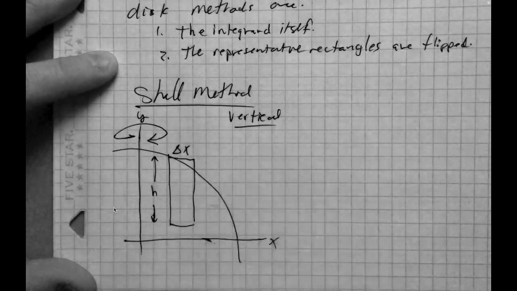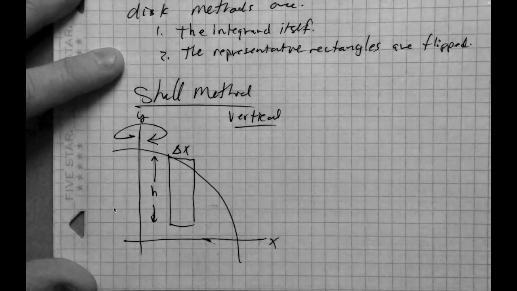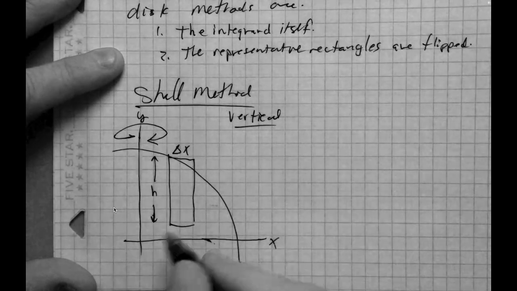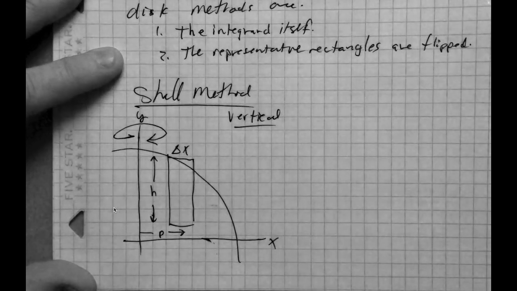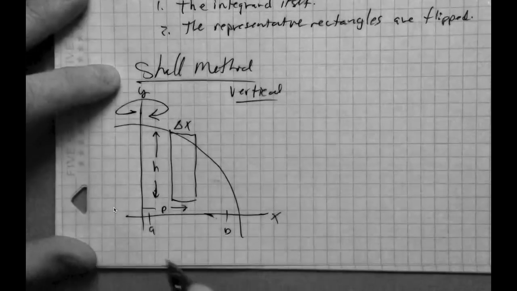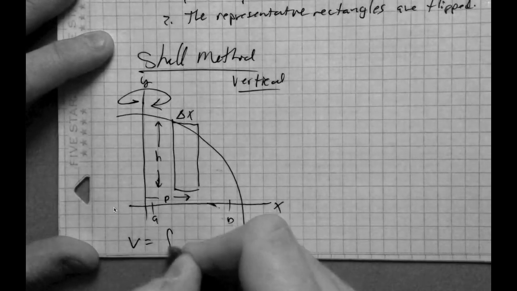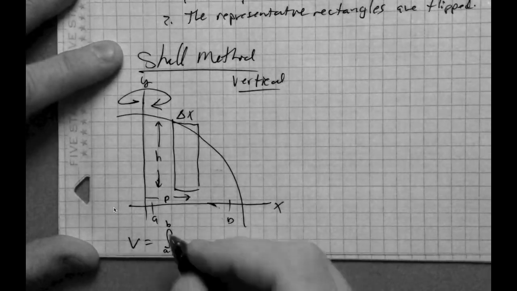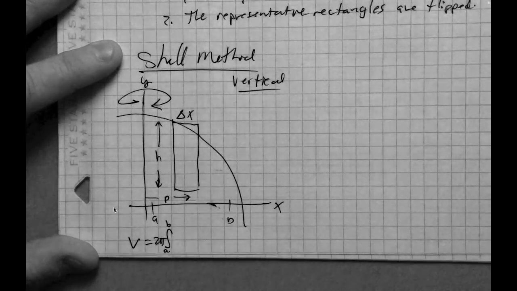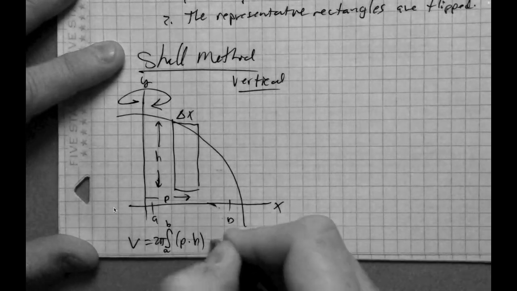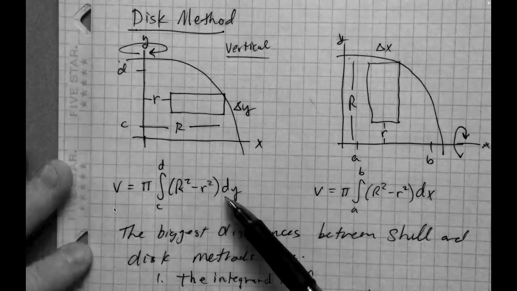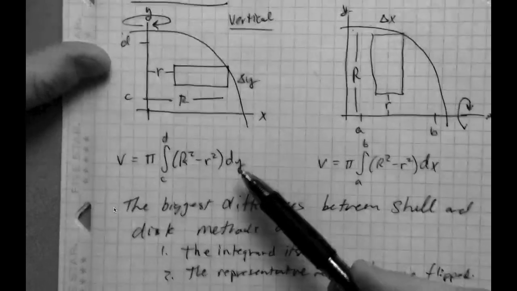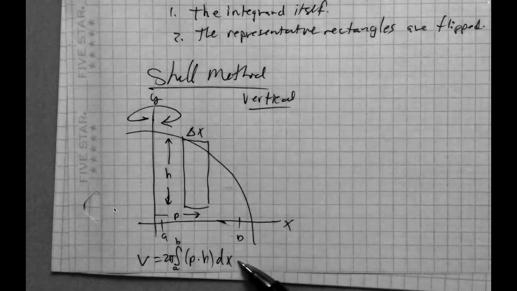That's a function of x. And we're going to have a p, which is also a function of x. Okay, so the volume here was equal to the integral from a to b. Don't forget the 2 pi. And then it's p times h dx. Okay, so remember, it's exactly the opposite, right? So here you're integrating with respect to y. In the shell method, you're integrating with respect to x.